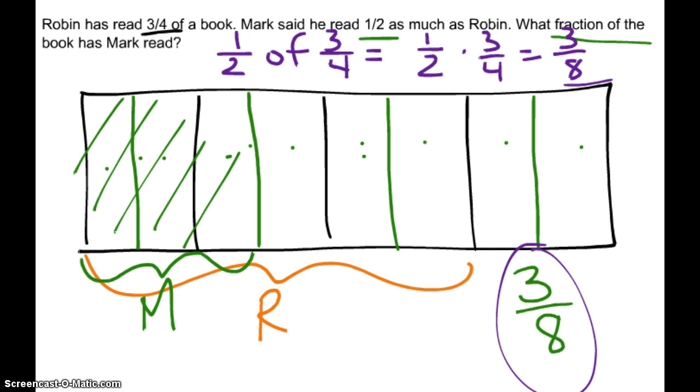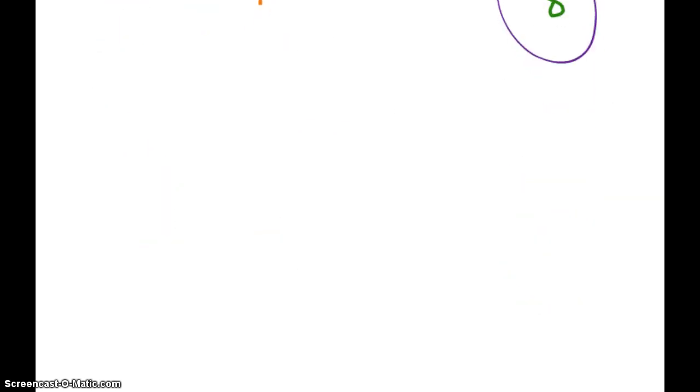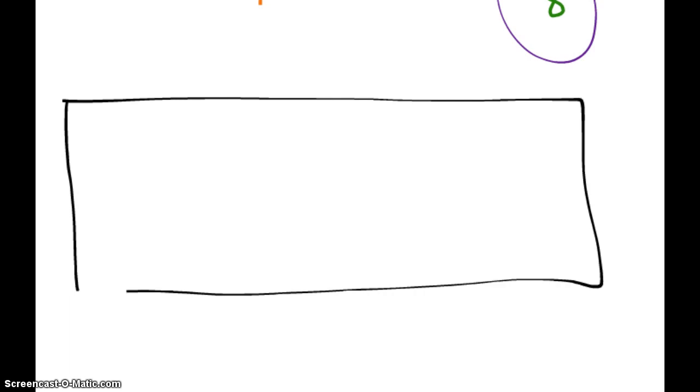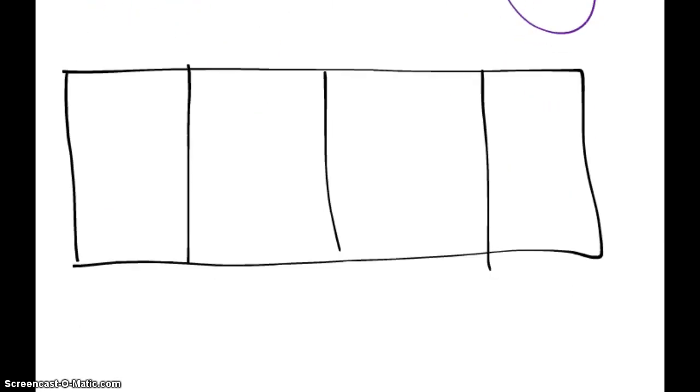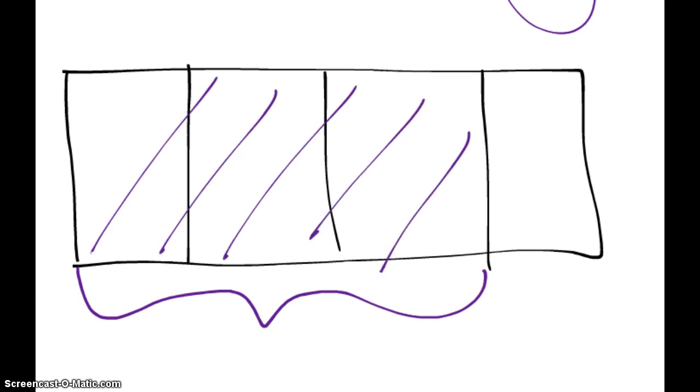Okay, now maybe you didn't draw your picture that you solved on your own like this. I'm going to show you one more way because there are lots of ways to solve these problems. So let's draw another fraction strip. So we know that, what was her name again? Oh, Robin. We know that Robin still read this much, 3/4. I'm going to color it in right here. This is what Robin read.